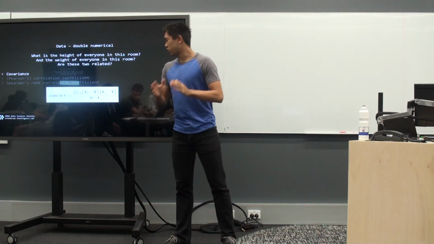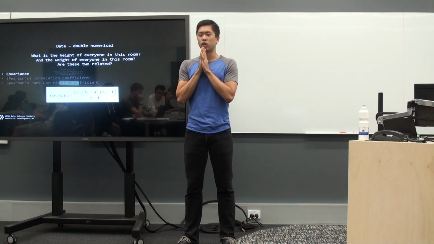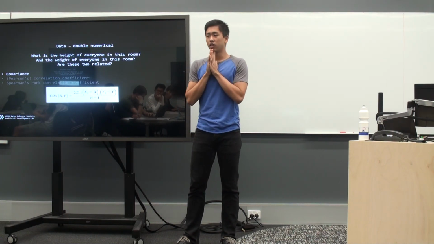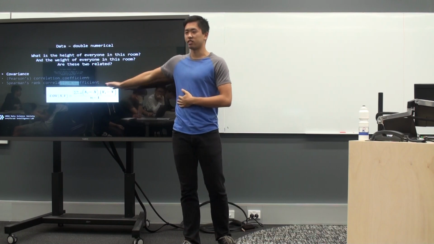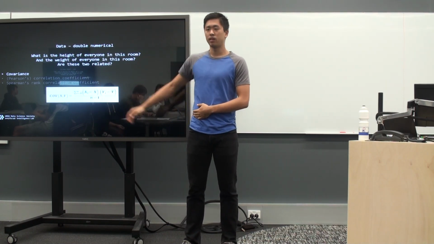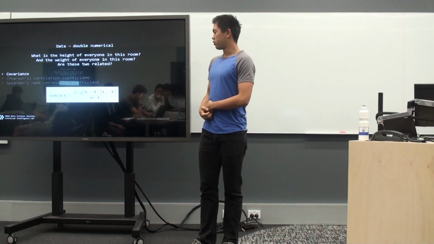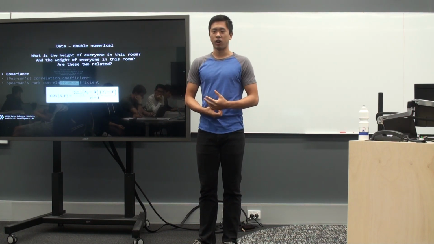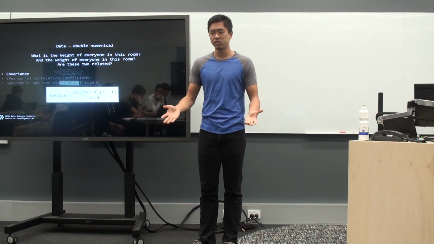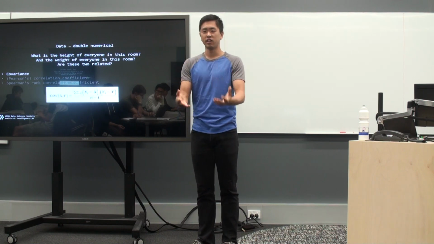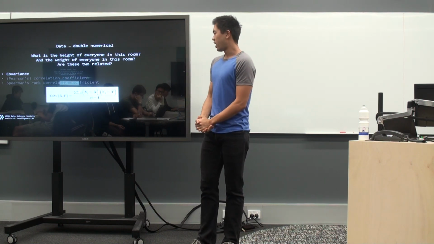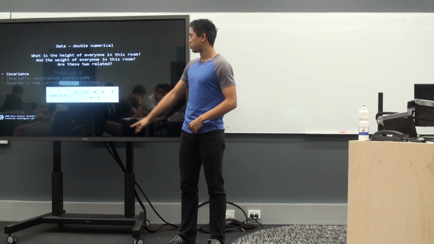Again, I'm not going to go too much into detail with the mathematics of this, but this is the formula for calculating the sample covariance. If you remember from before, I gave you the formula for the standard deviation, from which you can get the formula for variance, and it's very simple.